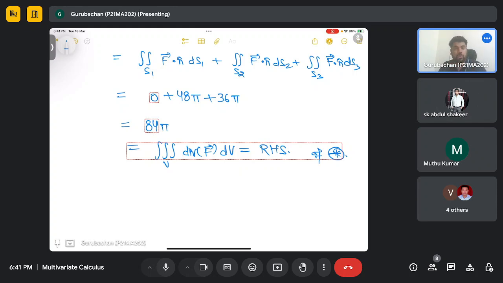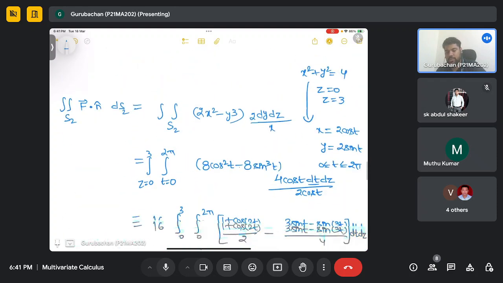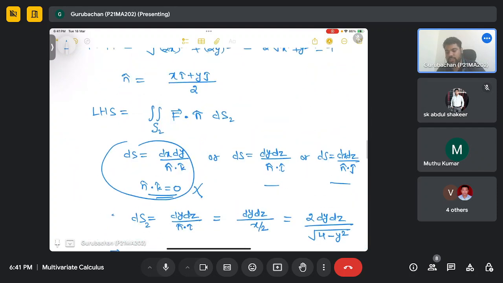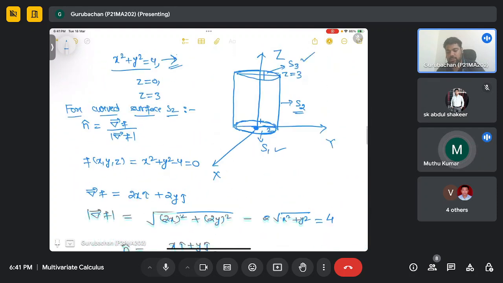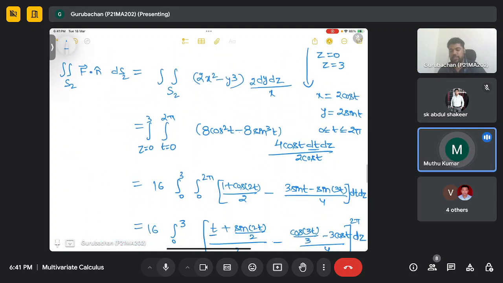Yes. So from this question we have... Excuse me, please. I just want to see the integral over the surface S2. You just need to see the calculation from the above. This is the integration part. This is dy dz, right?